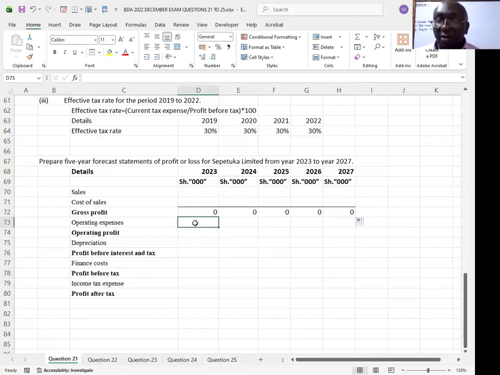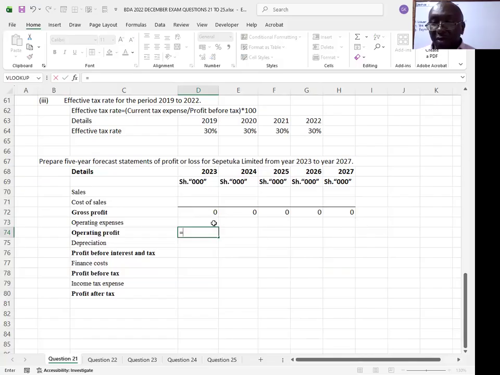Tukuje hapa kwa operating expenses. Operating expenses, we shall less them from the gross profit so that we get the operating profit. So we say this operating profit will be equal to gross profit minus the, not operating profit, operating expenses.